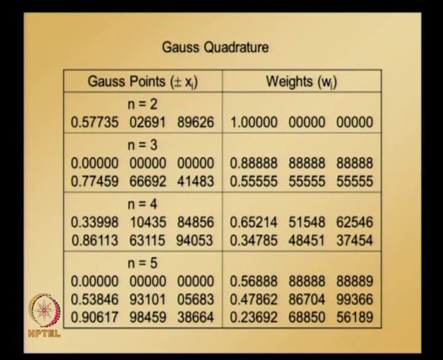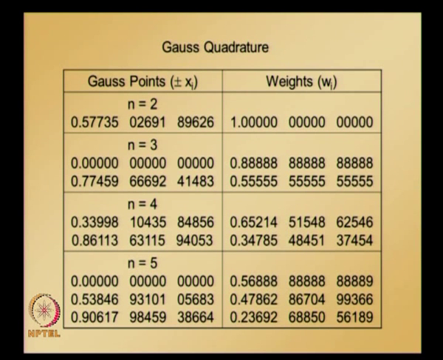Here Gauss points and weights are shown for n equal to 1, n equal to 2, n equal to 3, n equal to 4, n equal to 5. For n equal to 1, the Gauss point is 0 and the weight is equal to 2. So, that is not shown in the table, and you can easily read the location or the position at which we need to evaluate the integrand from this table.